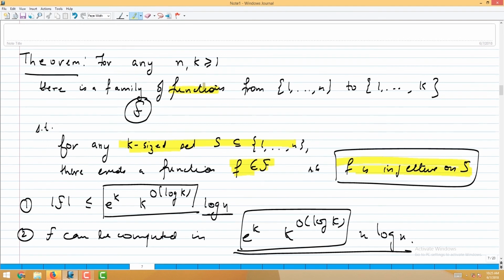As I said, look at this side as the vertex set and these as the colors. So these functions are nothing but colorings of the graph. So for every function in this family, you run the colorful k-path instance. If I do this for every function in this family, I say yes if for any of the instances it says yes.